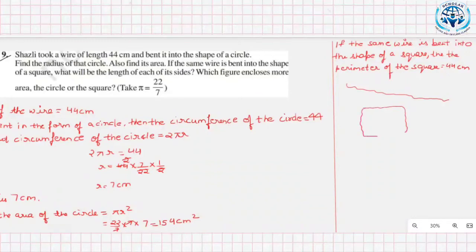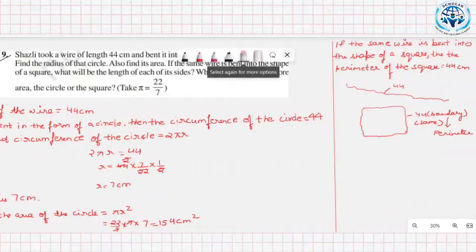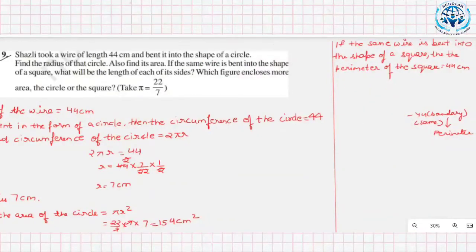I am explaining. This is a wire. Its length is 44 centimeter. It is bent into the form of a square. So, the perimeter, that means the sum of all the four sides is 44.